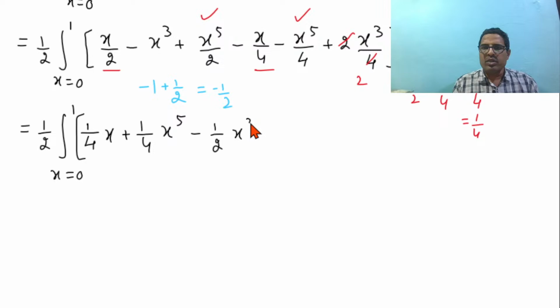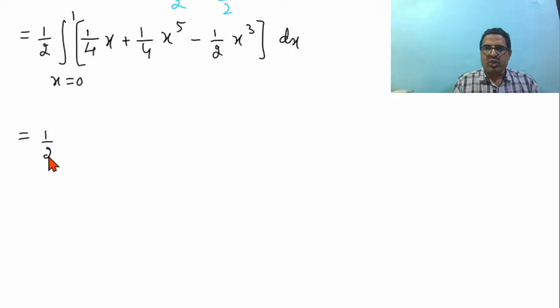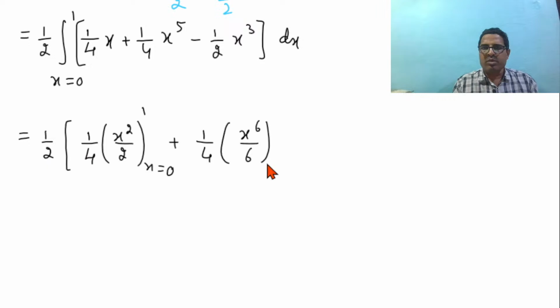This will be equals to 1 by 2 times of, let us try to integrate 1 by 4 as it is, integration of x will be x square by 2, limit values for x will be 0 to 1. Then plus you have 1 by 4, again x power of 5 integration is x power of 6 by 6, limit values for x will be 0 to 1, minus 1 by 2, x cube you have which will be x power of 4 by 4, the limit values for x will be 0 to 1.